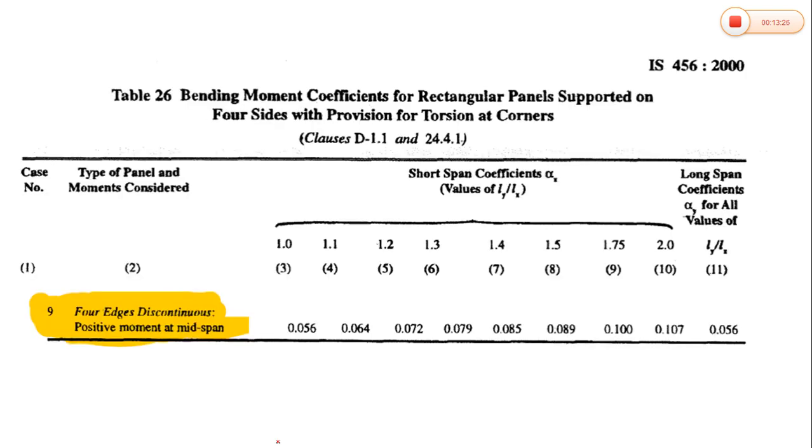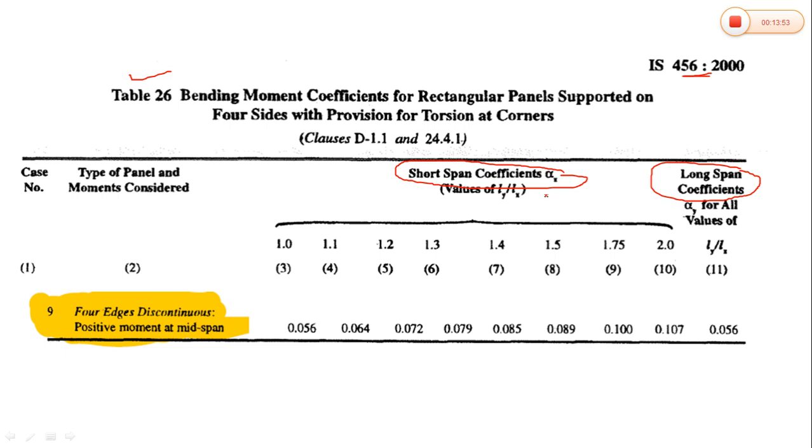Now to calculate the moment, because whatever formula we have includes the moment coefficient. The moment coefficient values for Lx and Ly direction, that is the shorter span coefficient and longer span coefficient values, are given in Table 26 of IS 456 2000.